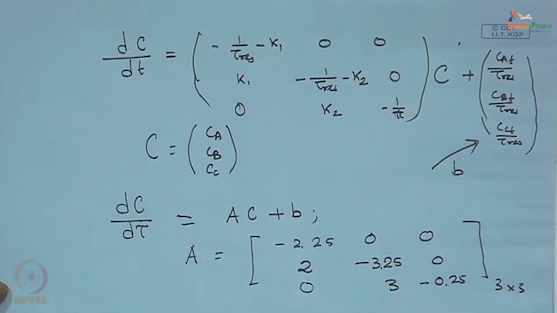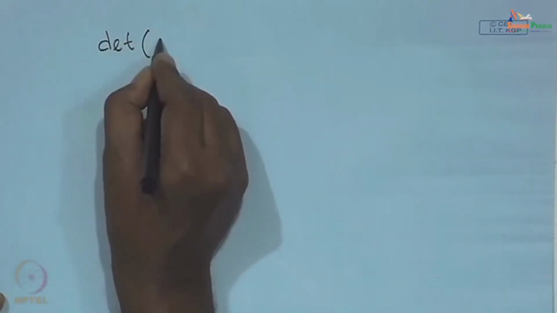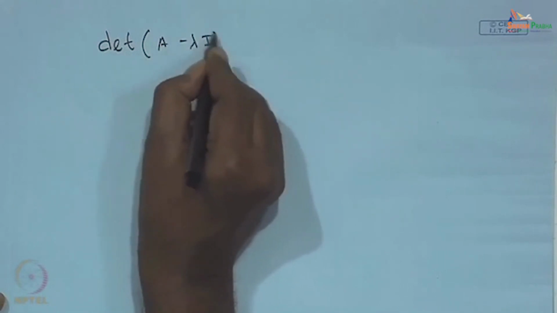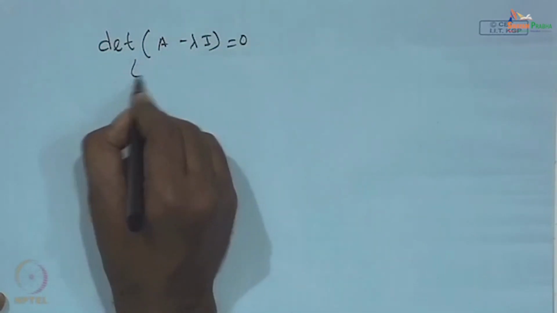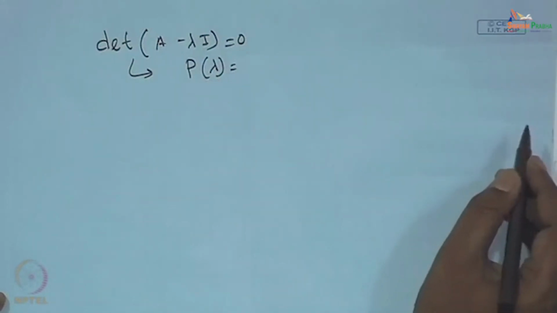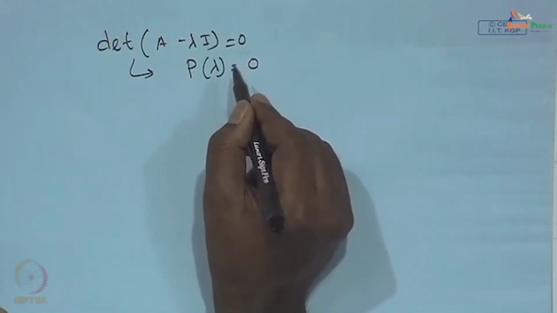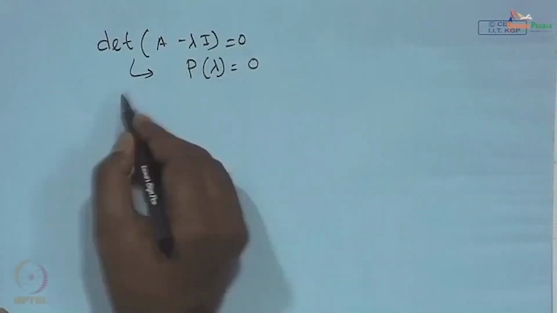Now, this is a 3 by 3 matrix. So, we can evaluate the eigenvalues of this matrix, and we can obtain the eigenvectors. So, for the eigenvalues, what we do? We put the determinant of A minus lambda I equal to 0. So, you will be getting a polynomial of lambda, and this polynomial will be a third order polynomial, and you will be getting 3 roots, those will be corresponding to the eigenvalues.